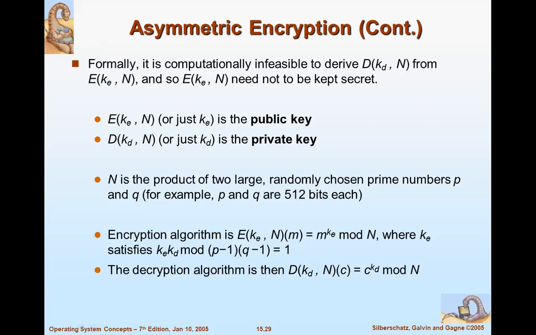And look at this equation. The left hand side of the equation should be equal to the right hand side. Then it will be considered a correct option. The decryption algorithm is then DKD,n of the ciphertext c, which is equal to c to the power kd mod n.